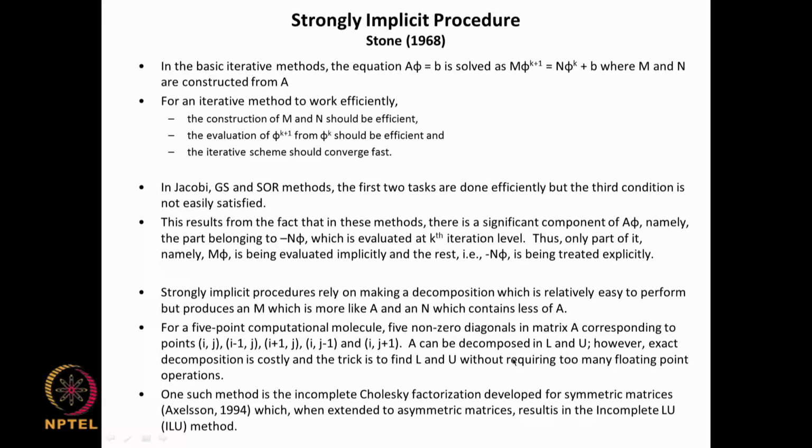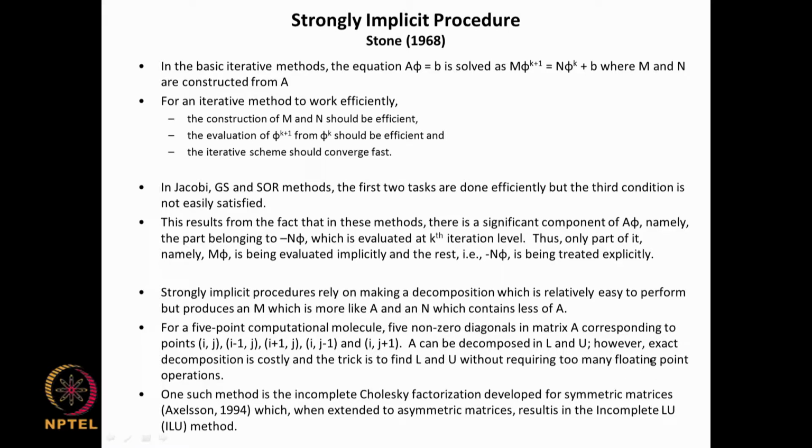Okay. So if it is possible to make an approximate decomposition of A into LU, then we can take advantage of the efficient solution of LU phi equal to B, and then we can improve on the overall thing. Okay.